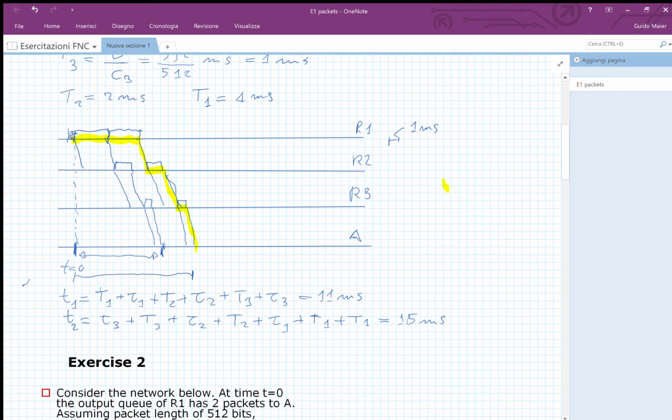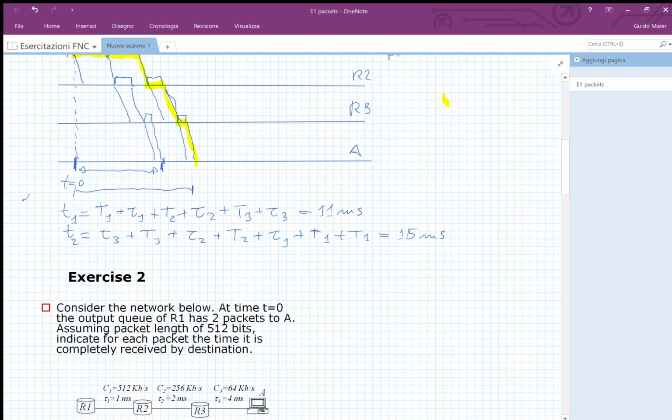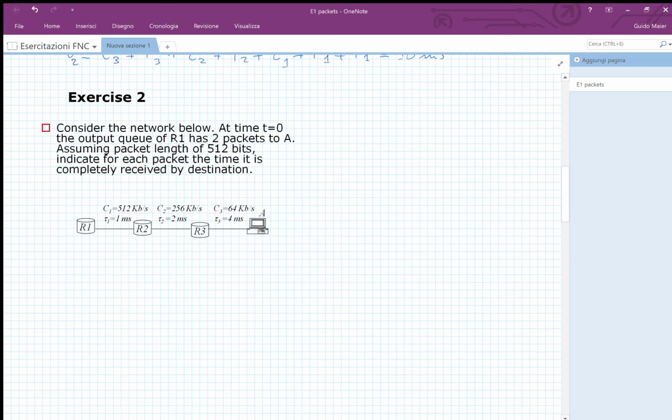So let's move to the second exercise, which is basically very similar to the first one, except that now you can see that the capacities of the transmission channels are decreasing instead of increasing.